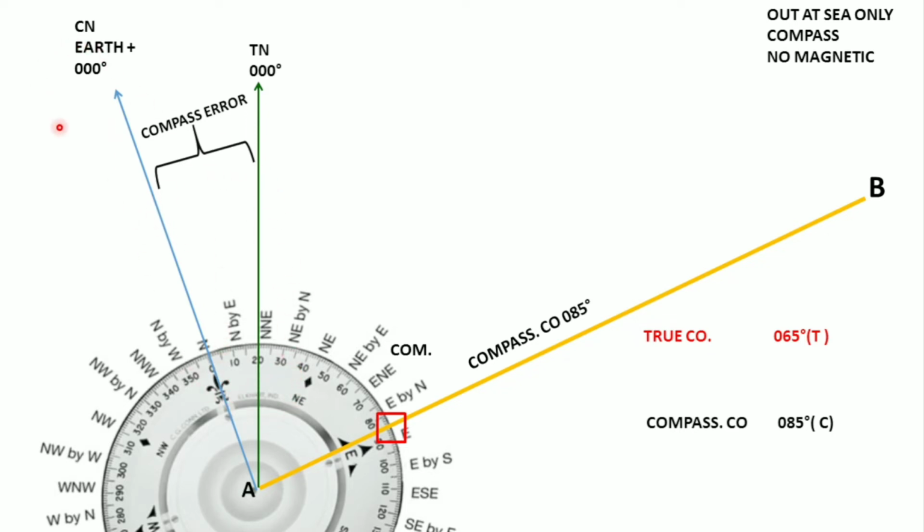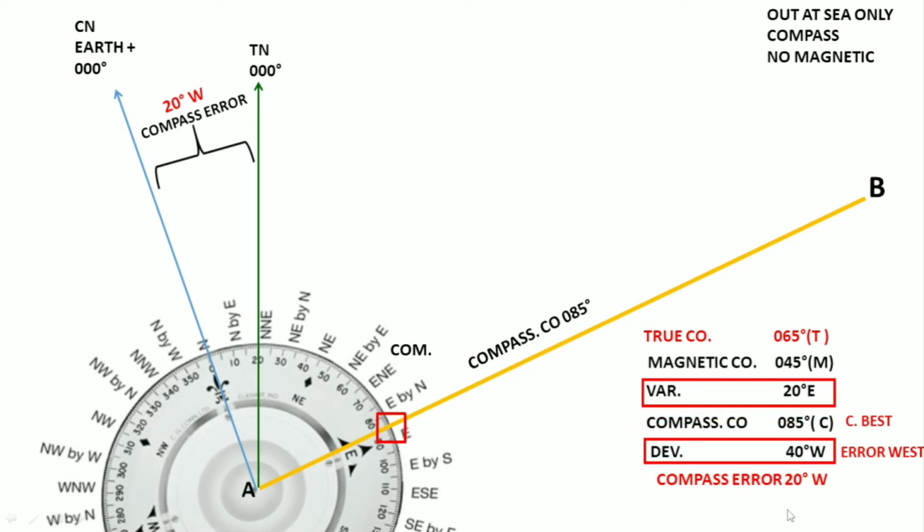The compass is to the west, so the compass error would be west 20 degrees. So compass west, error west. The compass error is westerly 20 degrees.